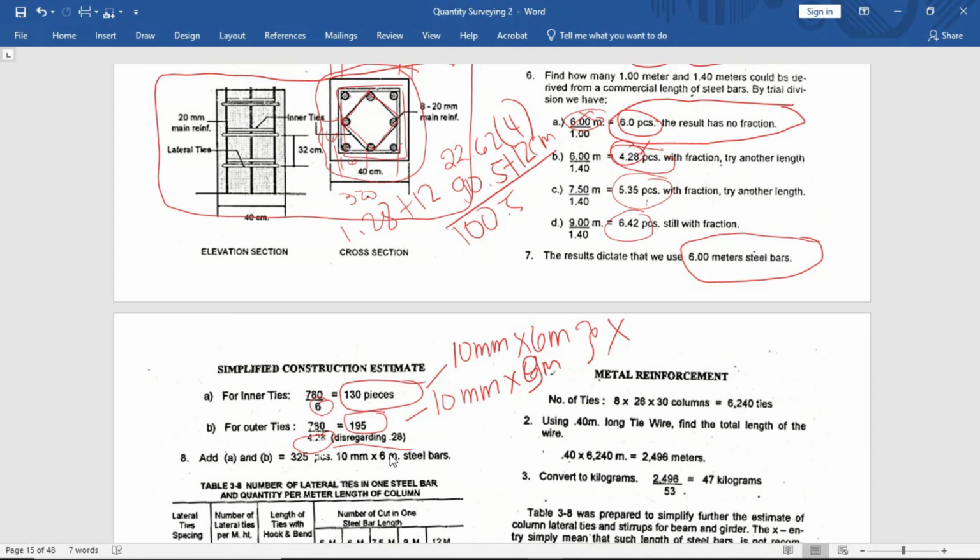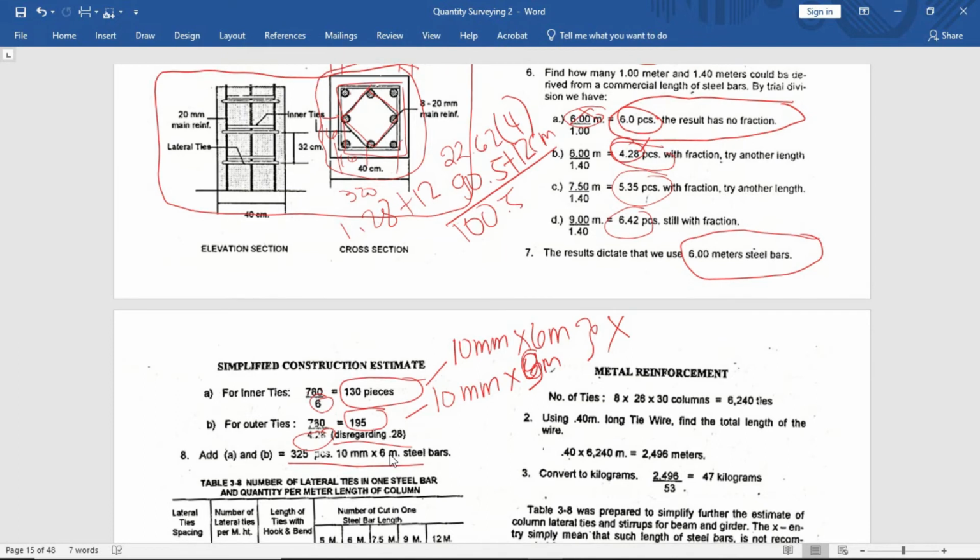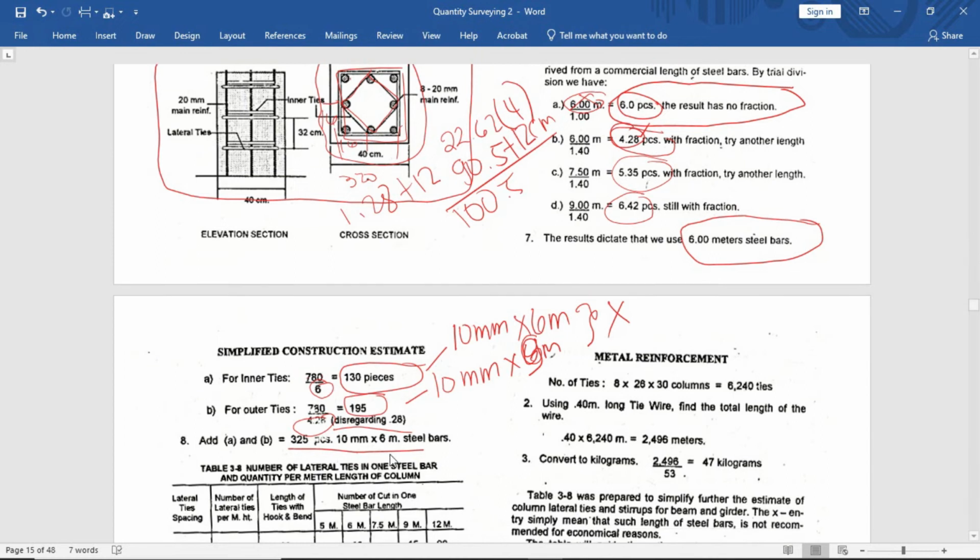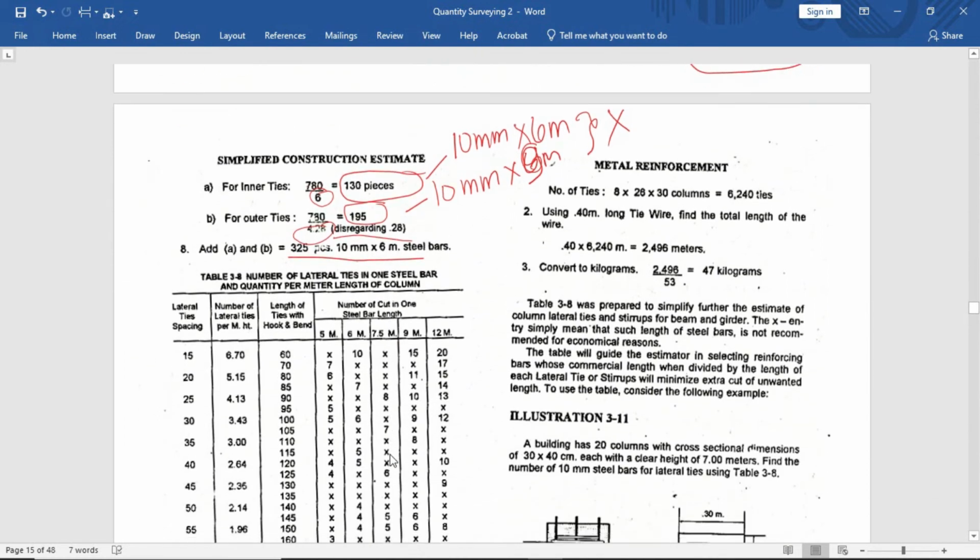Pero this time, parehas na 6 meters, so combine natin yung 130 plus 195. So, there are 325 pieces of 10 mm by 6 meters steel bar.